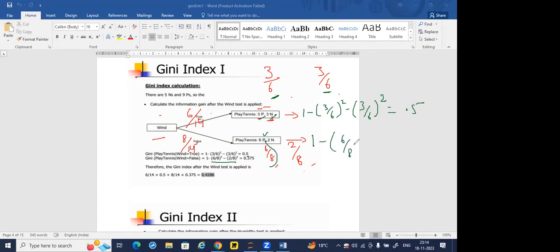So 6 by 8, making the square of it, minus 2 by 8. This one.